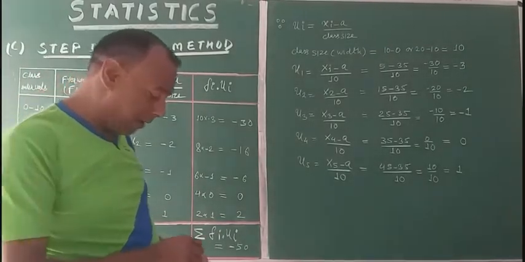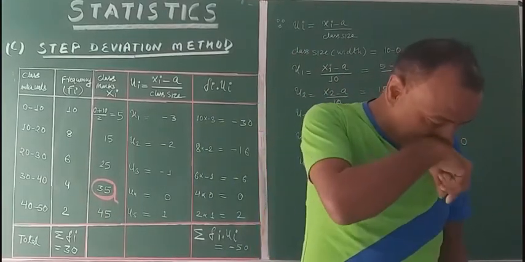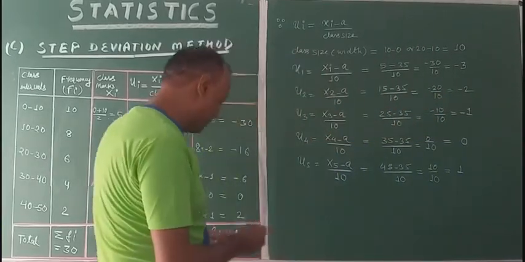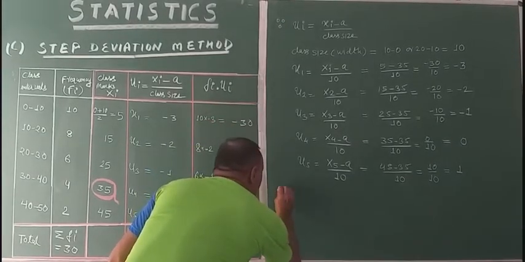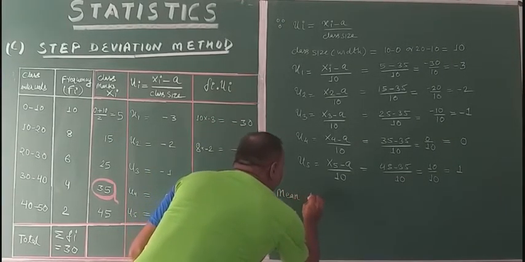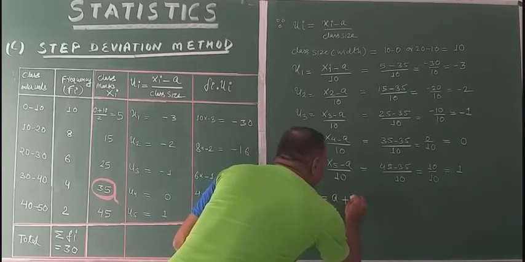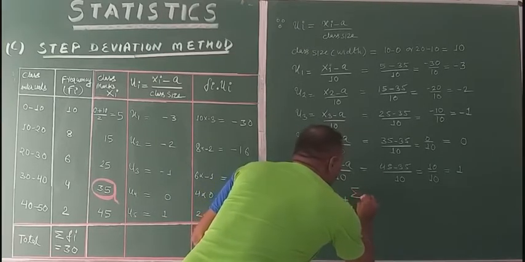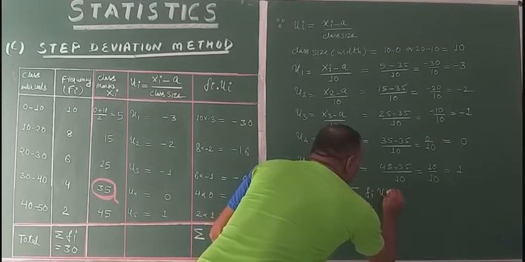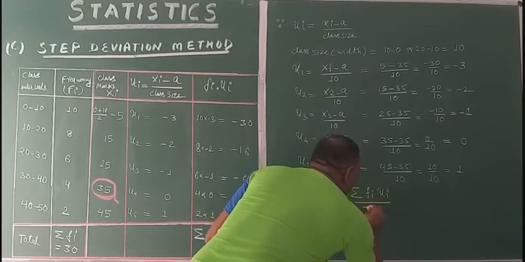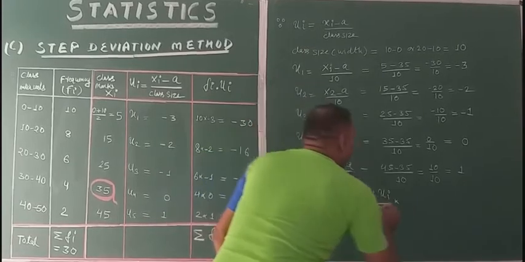And then this formula: in the step deviation method, the mean x bar is given by this assumed mean A plus sigma Fi Ui upon sigma f, into class size.